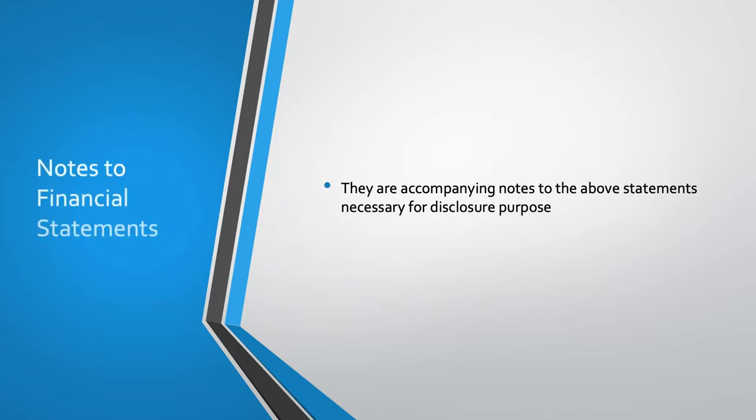The notes contain your explanations as to what these statements are, the measurement criteria that you employ, the manner of presentation, and all other matters required for you to adequately disclose.